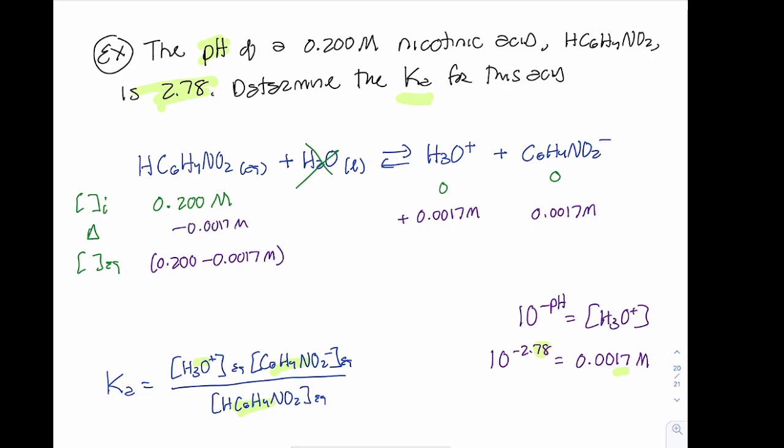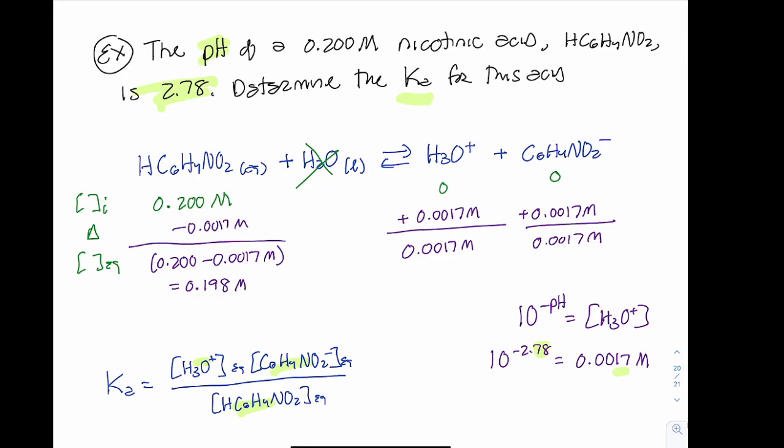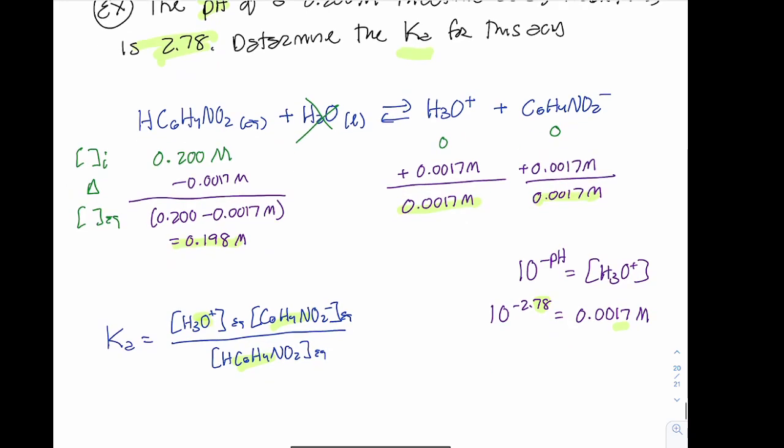This is going to gain that amount. And I'm actually going to do that math. I'm going to take 0.2, grabbing my calculator here, and subtract 0.0017, and I get 0.198 molar. So now these are the values that we're going to plug in to my expression to solve for Ka.